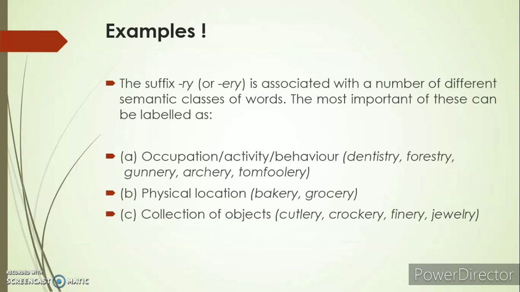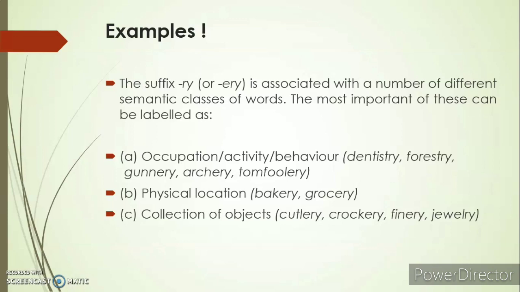The suffix ry or ery is associated with a number of different semantic classes of words. The most important of these can be labeled as A, occupation or activity or behavior, for example, dentistry, forestry, gunnery, archery, and tomfoolery.